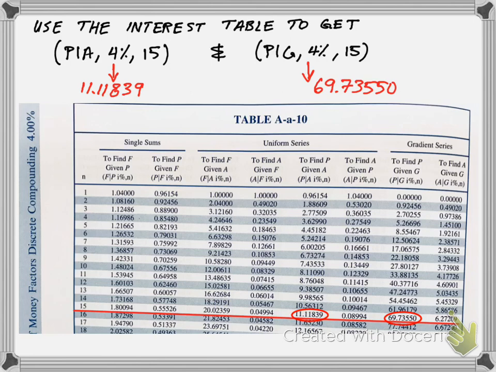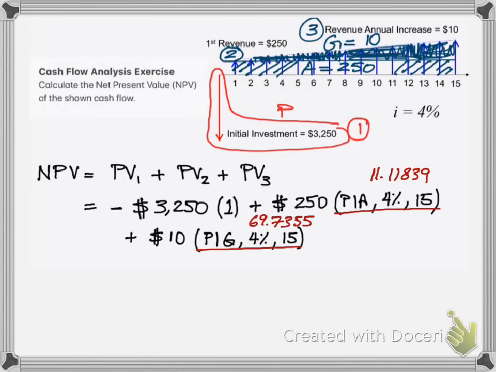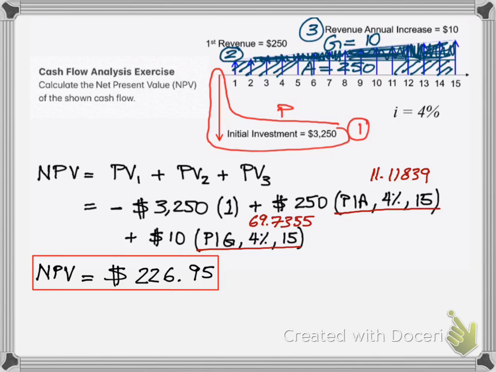So you bring these values back to the problem and plug them into the formula. Plug in the values for the factors P given A and P given G, and then you end up with a net present value of positive 226.95, which in terms of economics is a good investment.